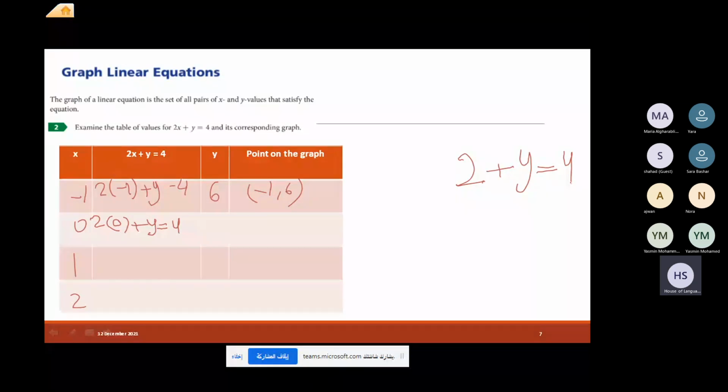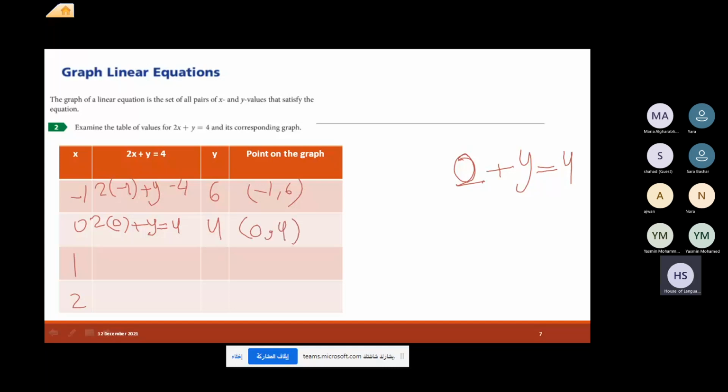Wait, 2 times 0, so it has to be 0. Yes. 0 plus y equals 4. So what's the value of y? 4. Bravo. So now Mayar will write number 4 here. Then what will the coordinate be? 0, 4. Bravo. Yes.